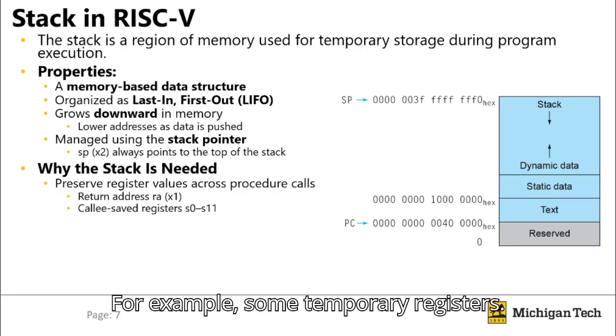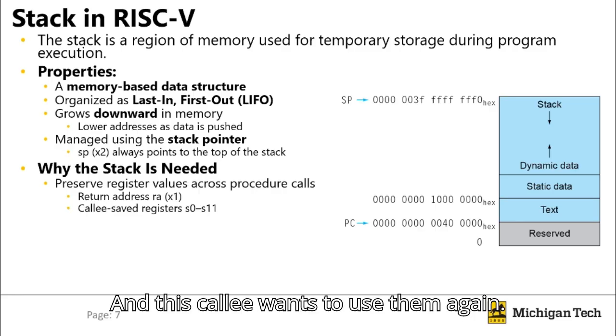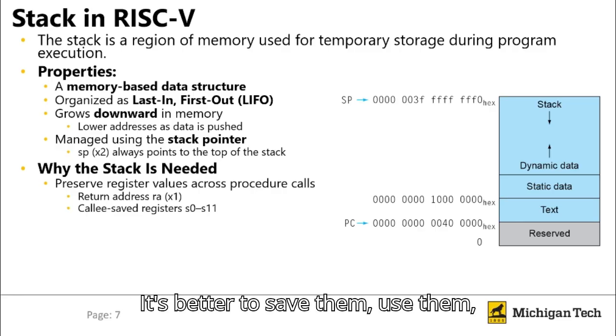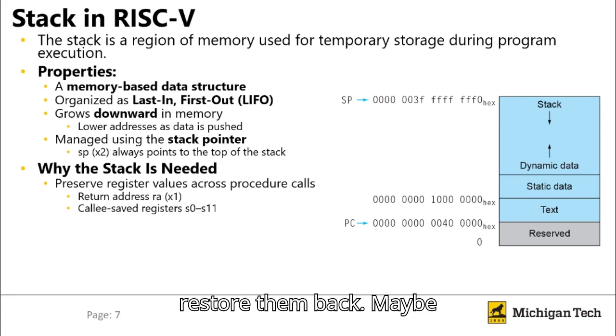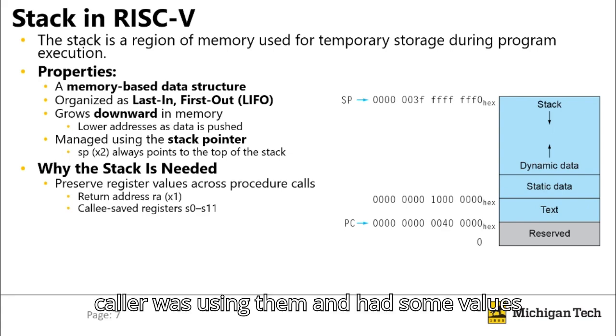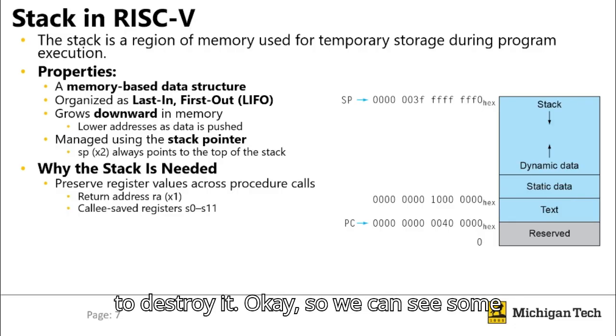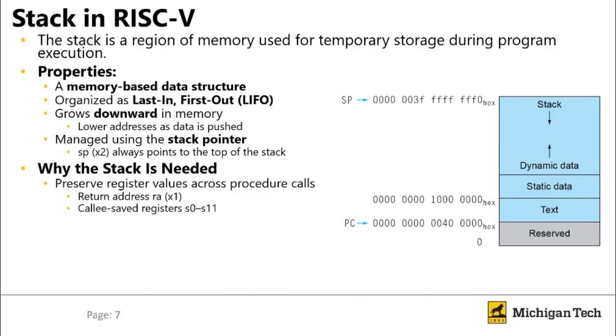For example, some temporary registers. And this callee wants to use them again. It's better to save them, use them, restore them back. Maybe the caller was using them and had some values inside them. So that's why we don't want to destroy it. Okay, so we can see some examples soon.